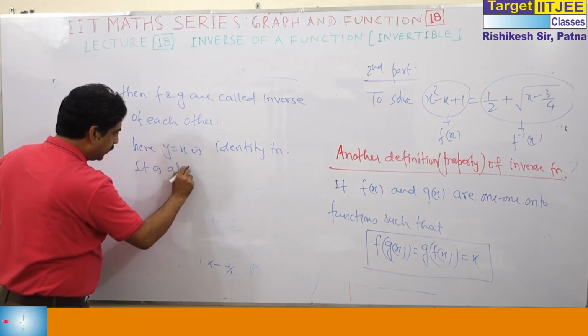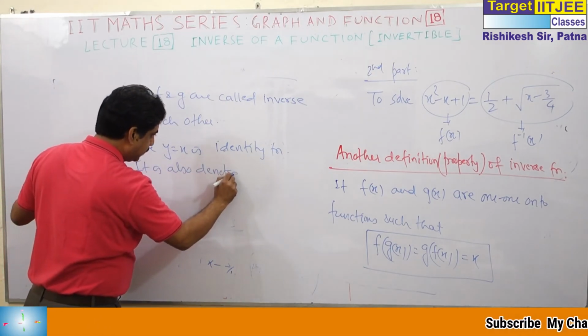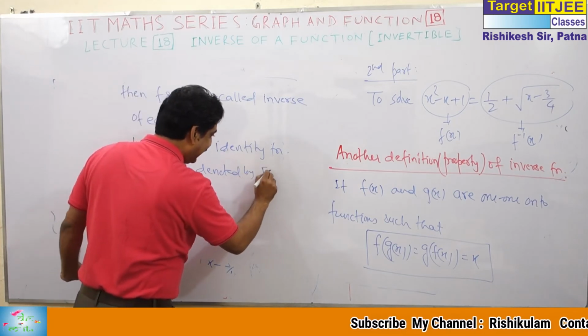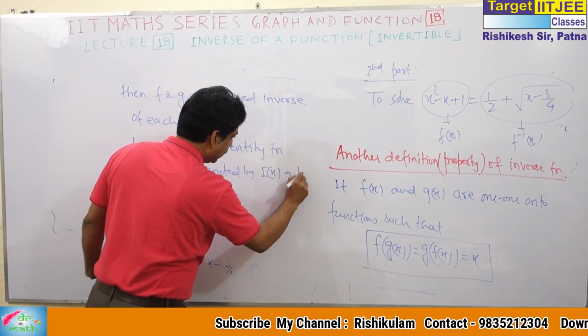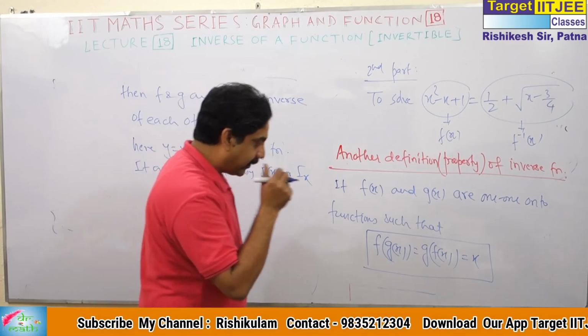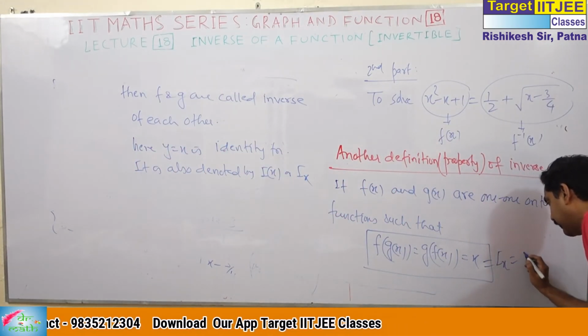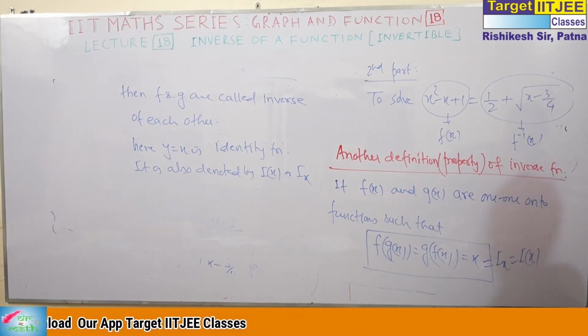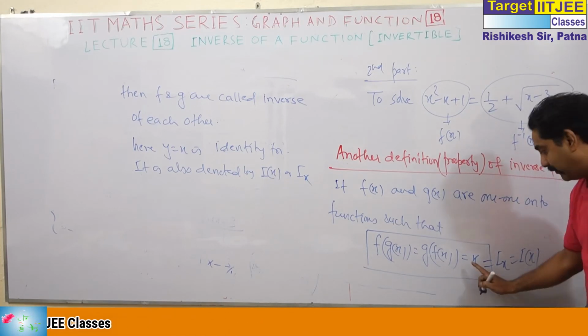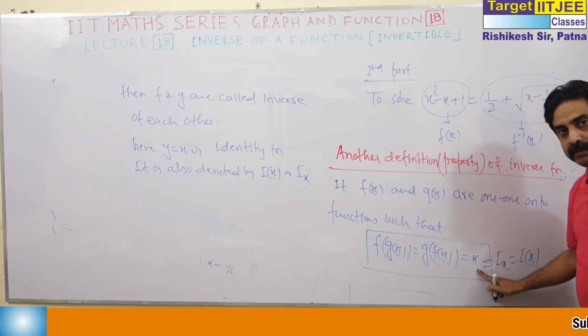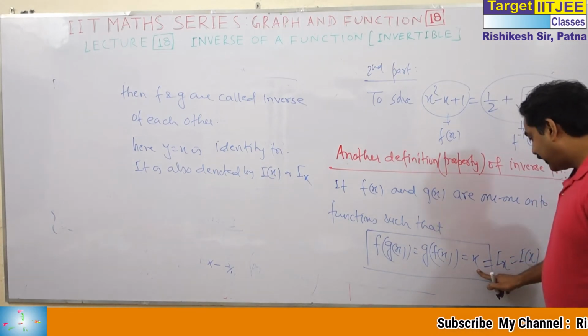It is also denoted by I(x). You may find in some books, including NCERT, this is written as I(x). This stands for the identity function y is equal to x. But I will go for this I(x). Many authors write I(x) for the identity function.